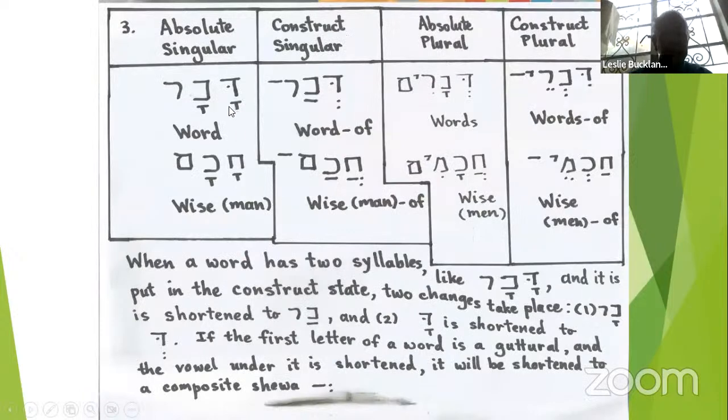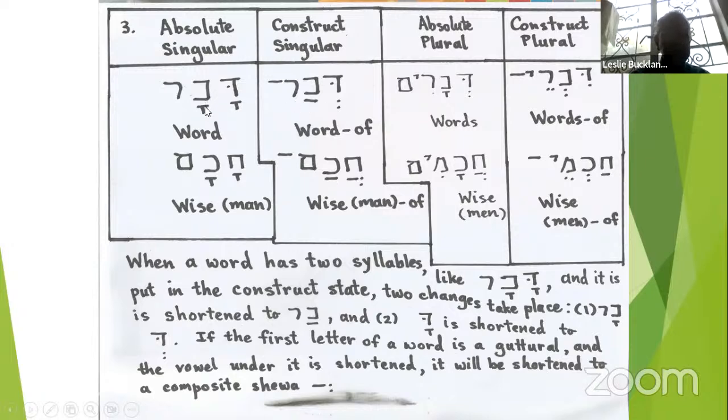Okay, we're continuing to look at other nouns. Here is the noun davar, which means word. And when it stands by itself, it's said to be in its absolute state. However, when another word or more words are added to davar, it moves into the construct state. And so the kames, the long ah sound that was here, is changed to a simple shiwa.